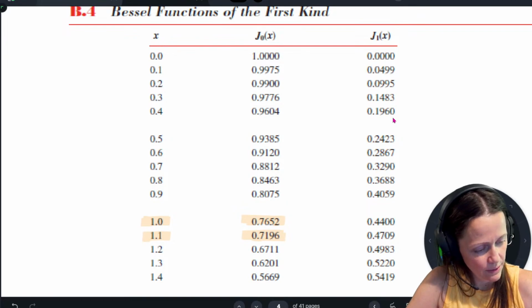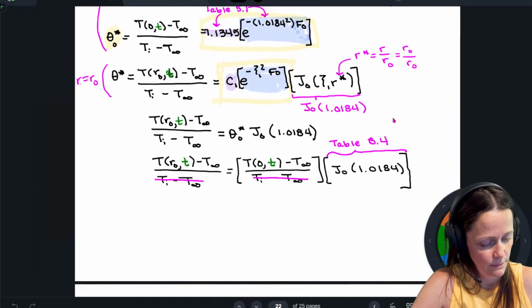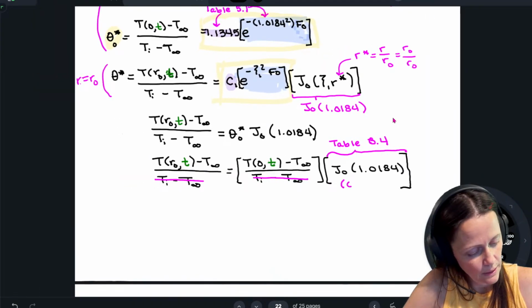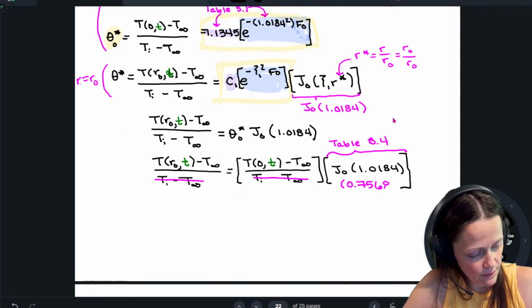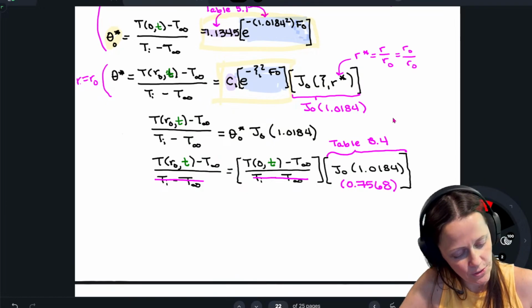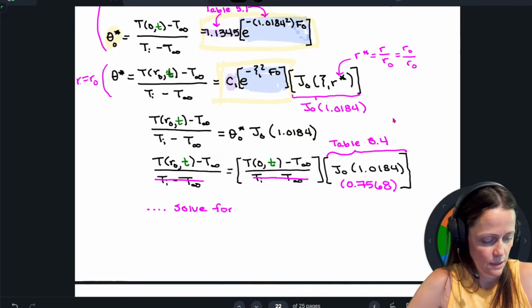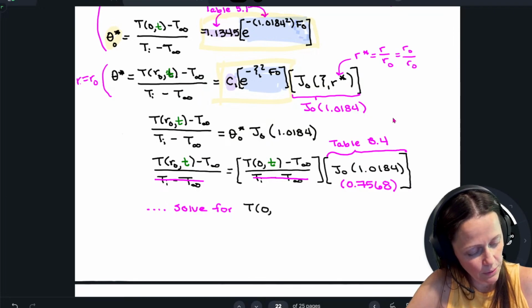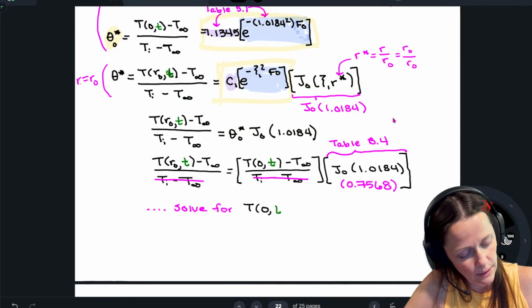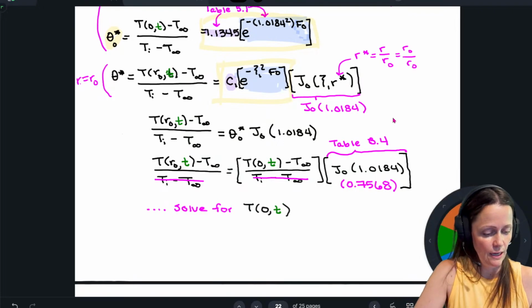So 0.7568, about 0.75. All right. And so now I just need to solve for this guy, the temperature at R equals 0, at this particular time at which the surface temperature was 500 Kelvin.